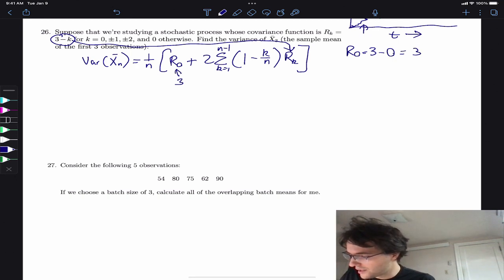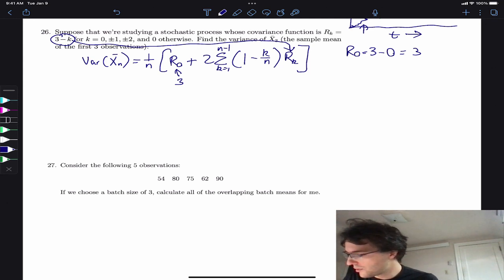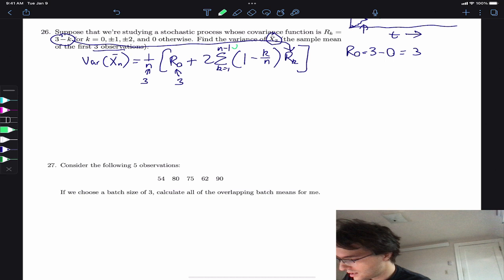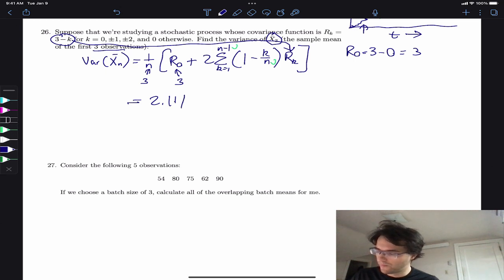So this guy is 3. n of course is 3 because we're finding the variance of x bar 3, so n is equal to 3, because that's how many observations. And in this sum, n is also equal to 3, and really we just do this. You just do the math, and at the end you get something like 2.111, and that's your answer.